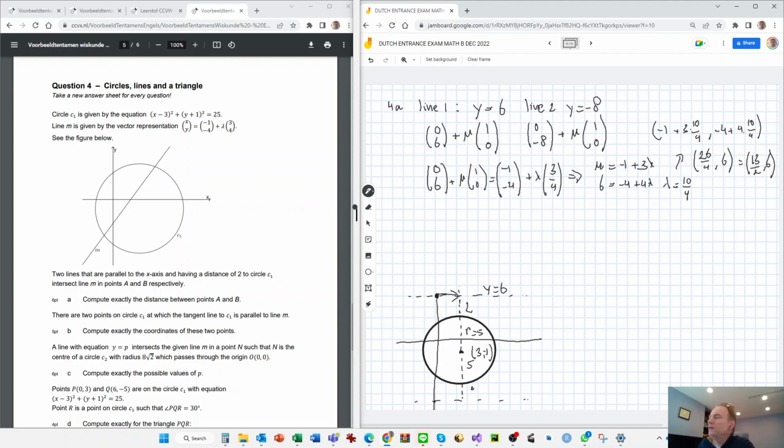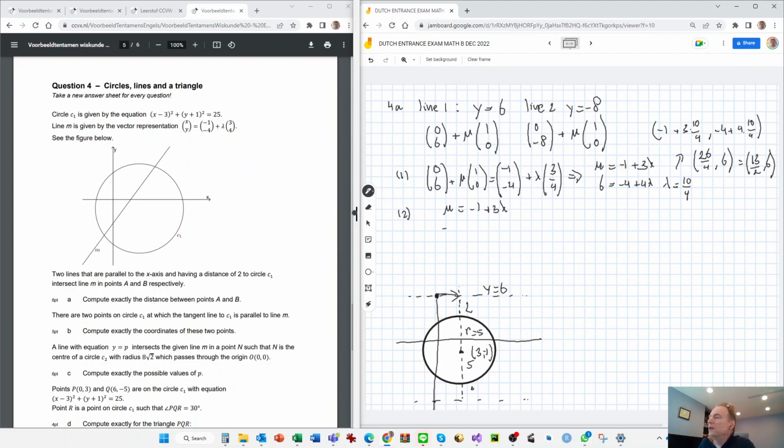Okay, then we do the same with the second line. So this is line 1, line 2. I get mu equals -1, that's basically the same equation.